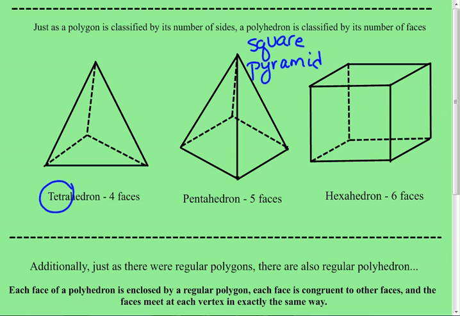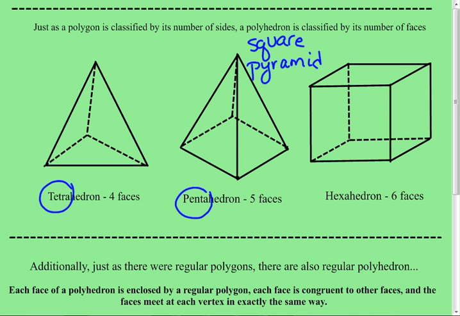Because the base is a square, it tells me everything. It tells me I have a pyramid, so it doesn't have 2 bases, it has only one. And the base is a square. It has 5 faces because it has 4 triangles going around and 1 base. And it's a total of 5 faces.